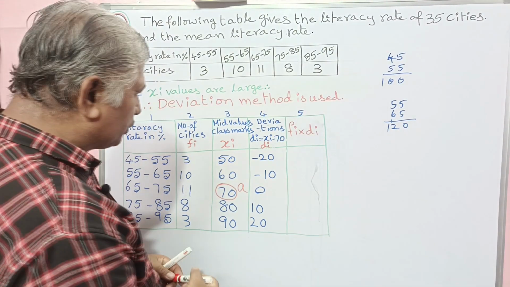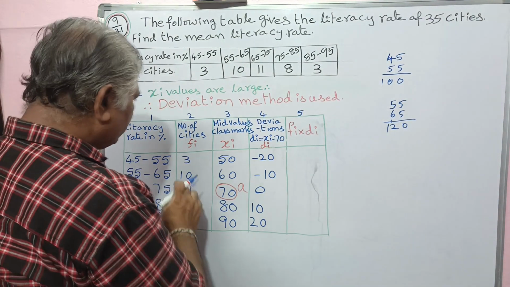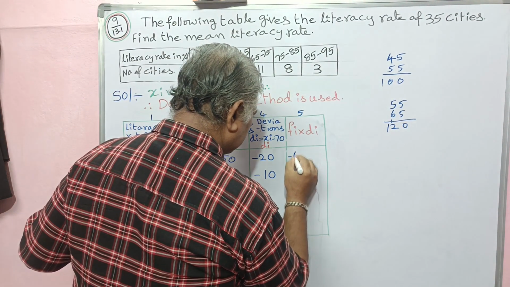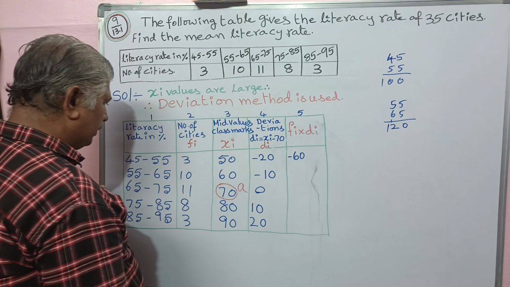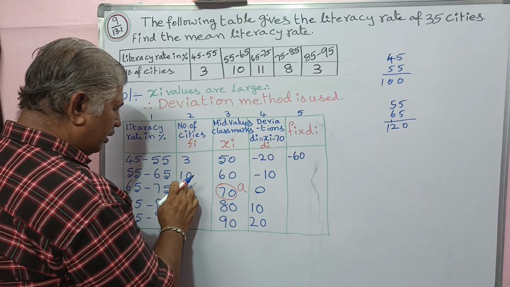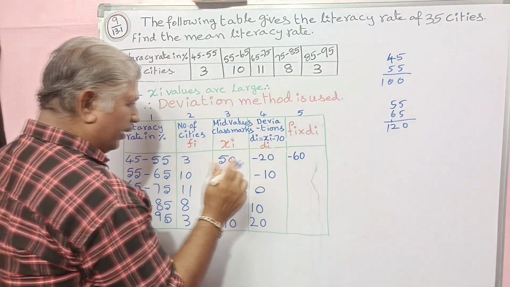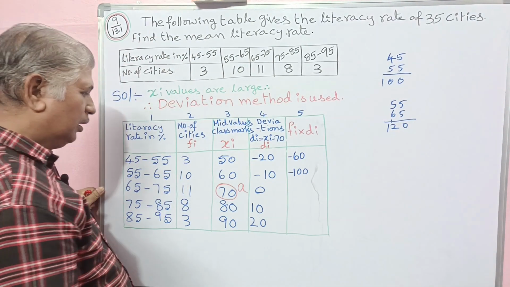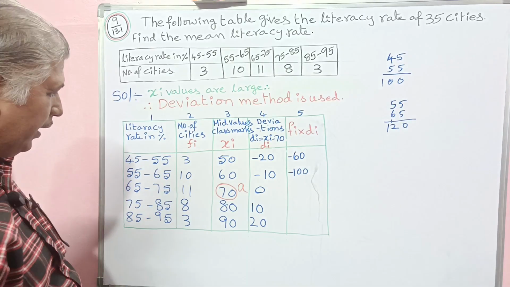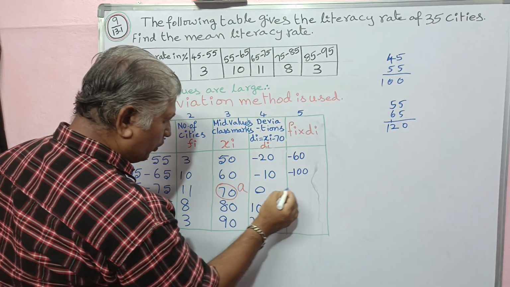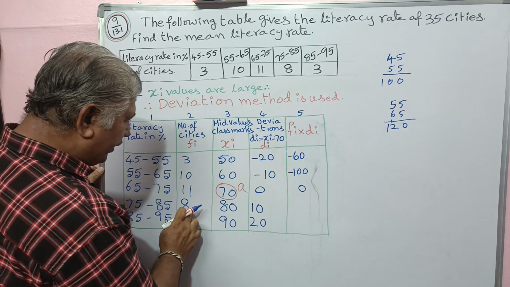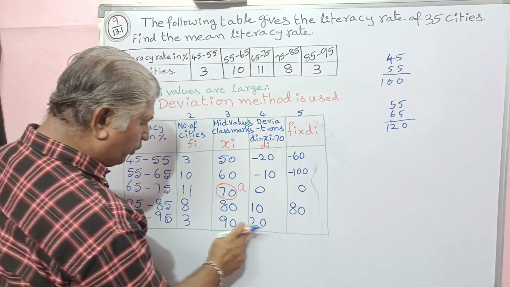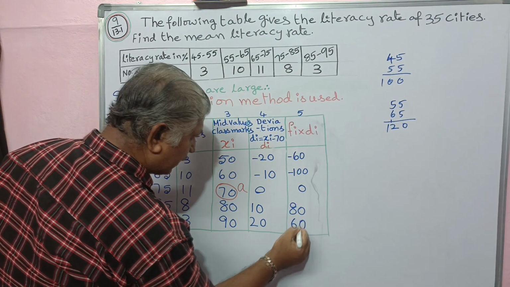Now we have to multiply these two values. 3 into minus 20 is minus 60. 10 into minus 10 is minus 100, because it is minus 10. 11 into 0 is 0. 8 into 10 is 80. 3 into 20 is 60.